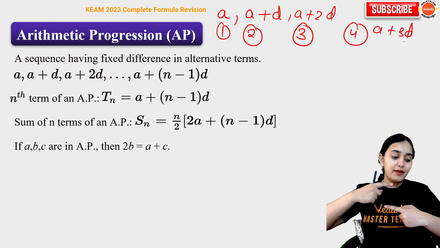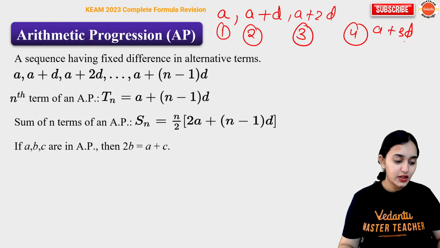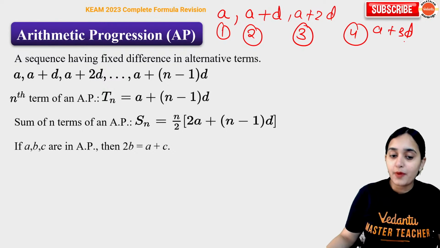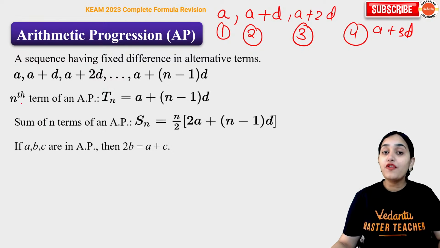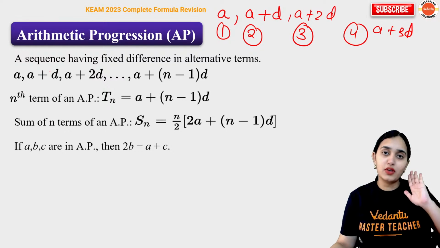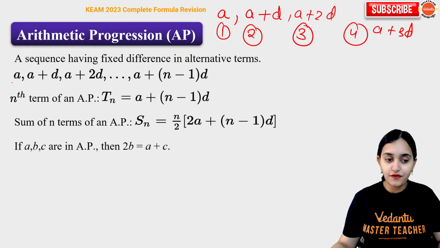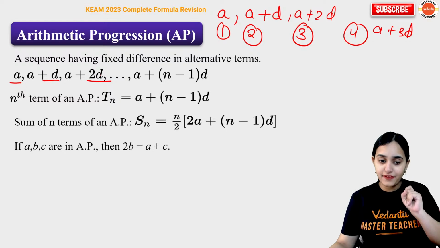So every time D is increasing. Okay, so that is arithmetic progression. Now in arithmetic progression, very few formulas are there, and that much only is asked. So first, everybody understood how to find out terms and common difference.